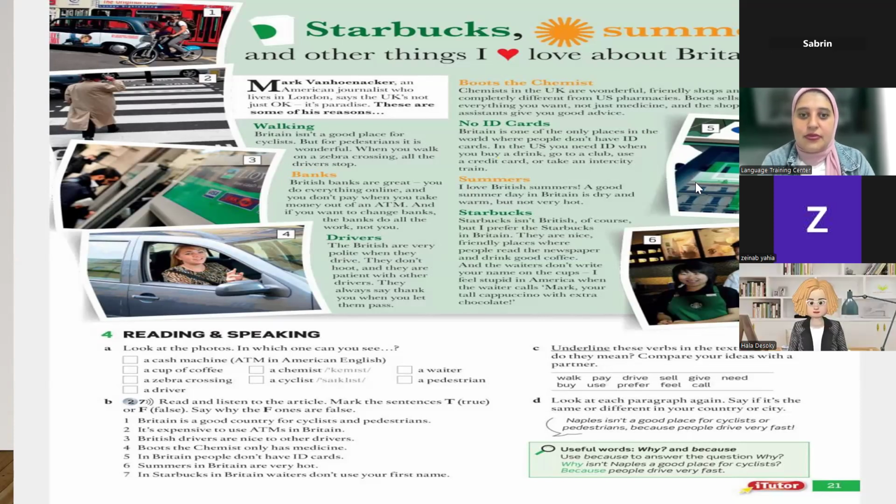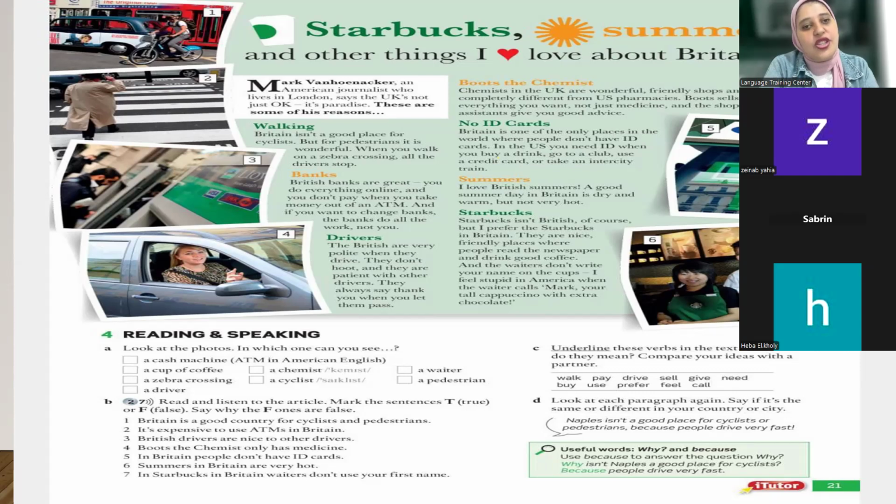Hello, Miss Khalid. I think in this stage, they read for gist and tell me what the writer loves in Britain. I will give them one question. But here, do they need to read in detail or specifically to get what he likes? No, this is not a general reading question.